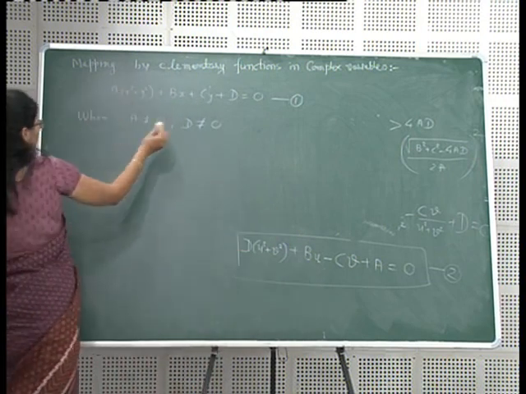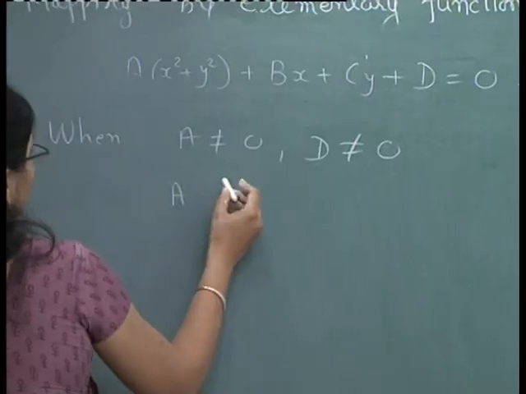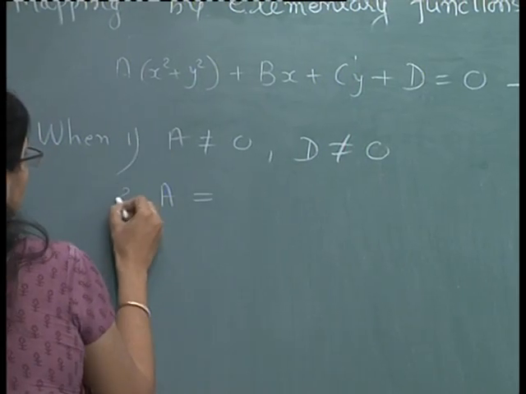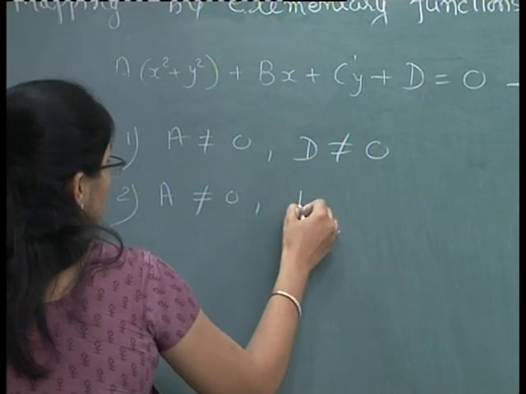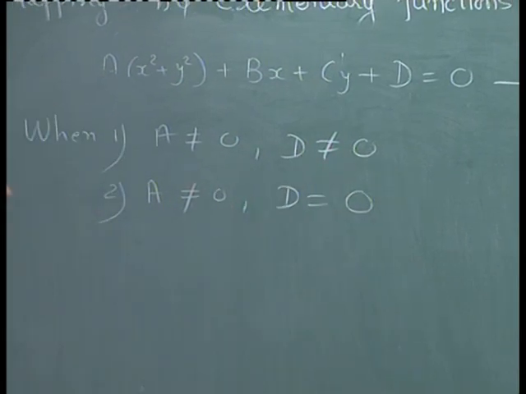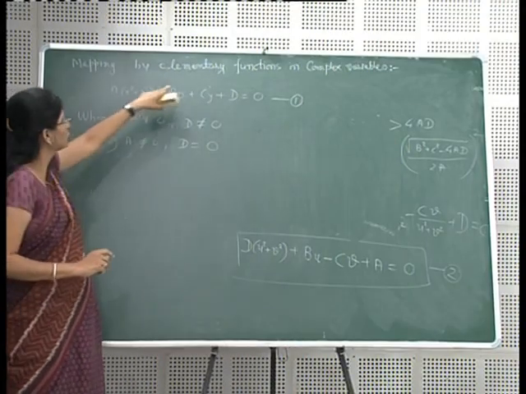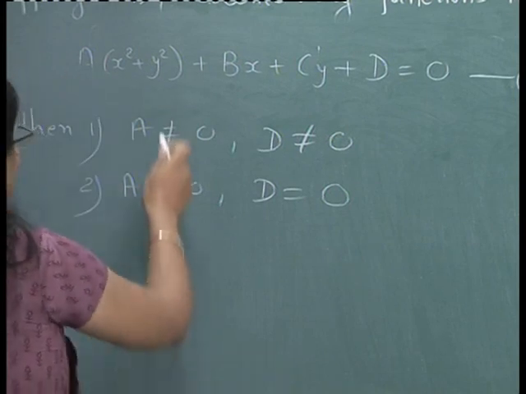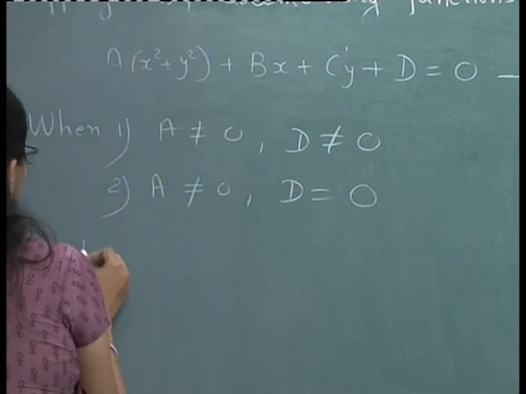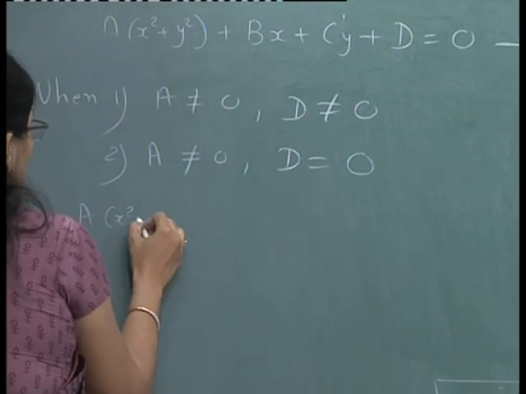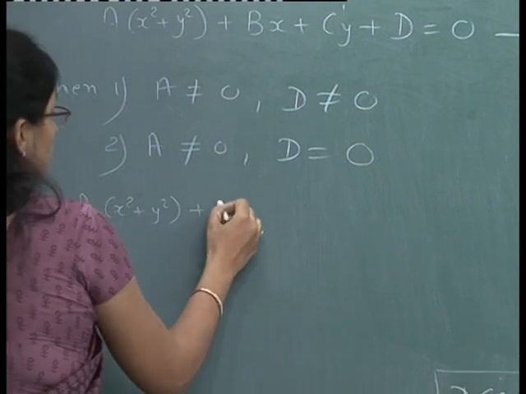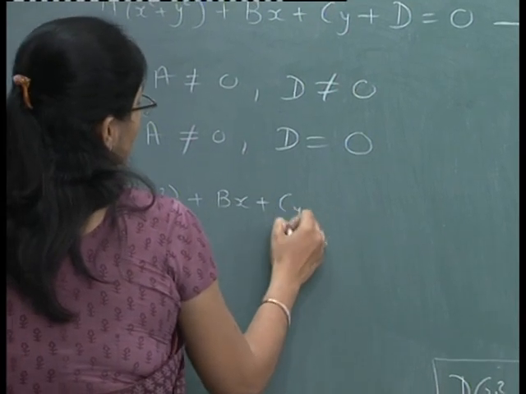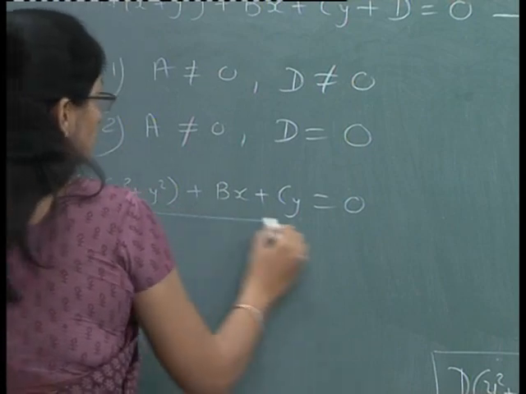Now we take if A is non-zero and D is equal to 0. Now if A is non-zero and D is equal to 0, so this equation 1 is now a(x square plus y square) plus bx plus cy is equal to 0. So here the constant term is 0.